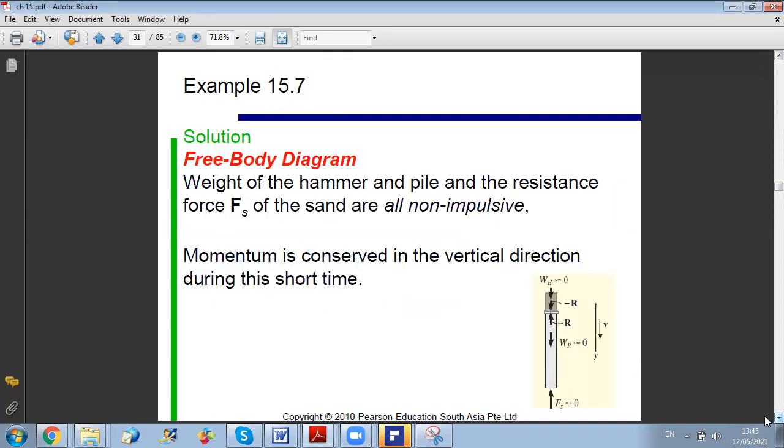Now once we have the velocity before collision, as we said, we will take the whole system and say that all external forces are non-impulsive, so we can apply conservation of linear momentum on the system.